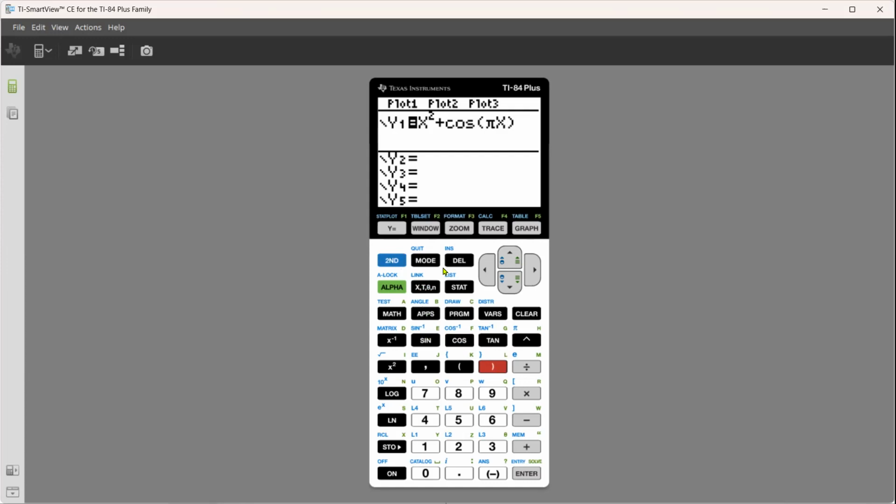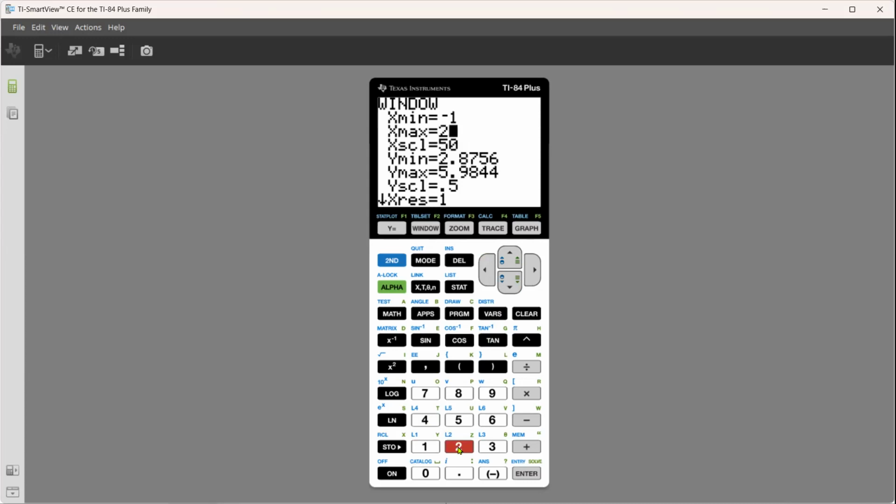Now, make sure that your window setting is right. I have to change it because I was doing some stuff. Remember we're looking at the interval from 0 to 2, so I'm going to change it to slightly wider than what I'm trying to look at.